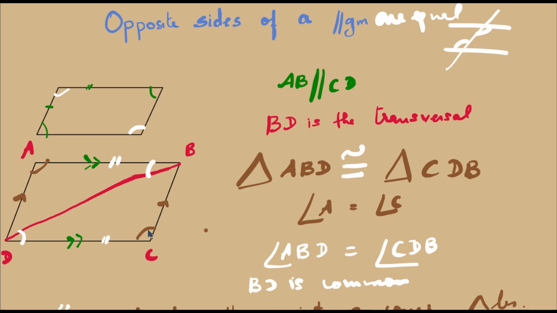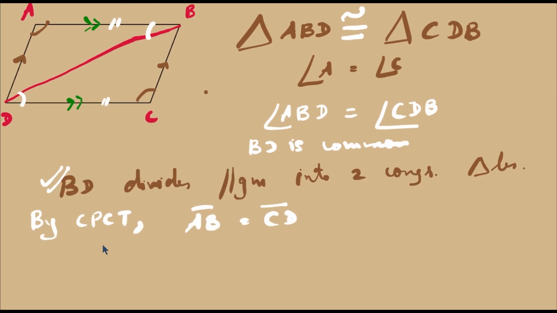And in the same way, similarly, we can also prove that AD is equal to BC, that is these two sides. So, opposite sides of a parallelogram are equal. And this is a very important property which you will see that we'll be using in many problems related to parallelograms. Thank you.